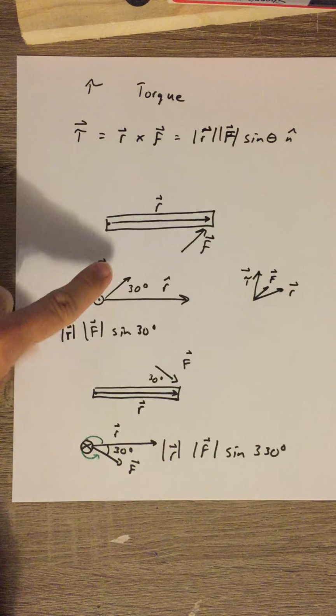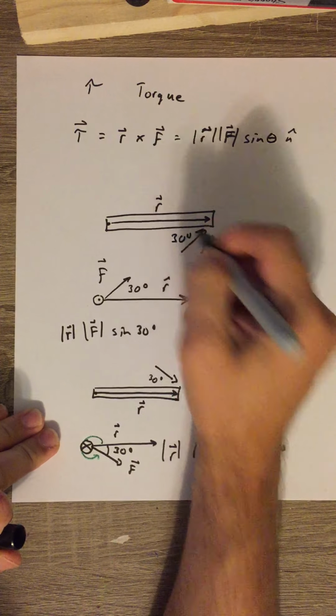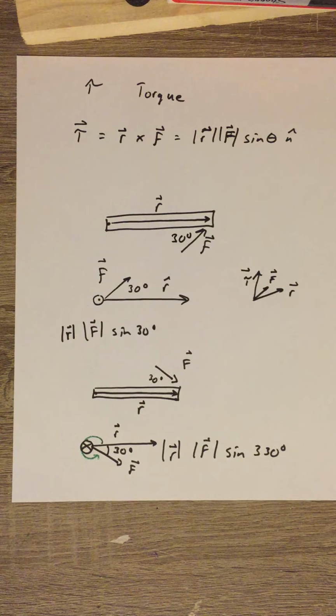But if you're given something like this, and to be complete here, there should be a 30 degrees there, if you're given something like this or this, I feel like not using calculus to get at the torque is probably more straightforward.